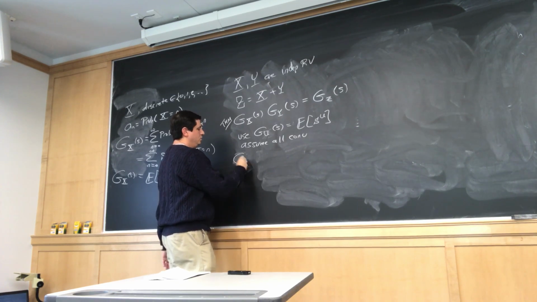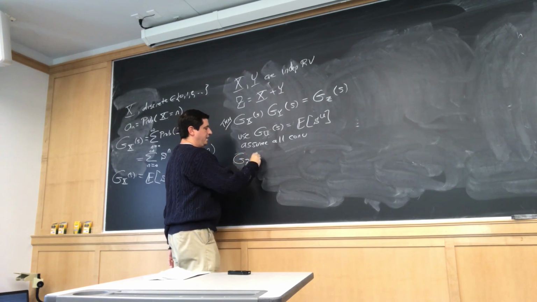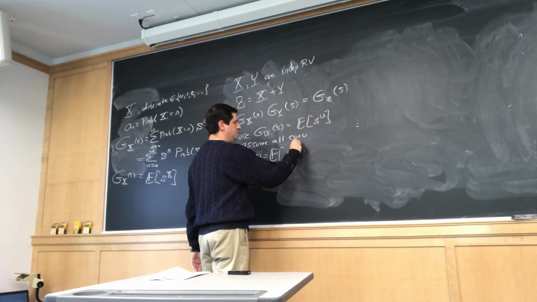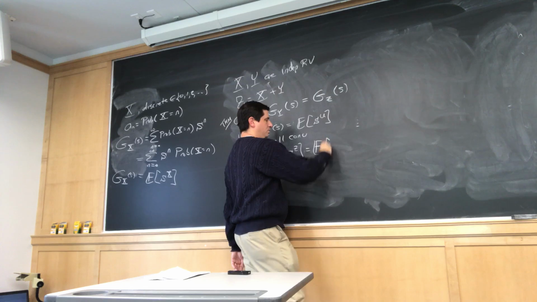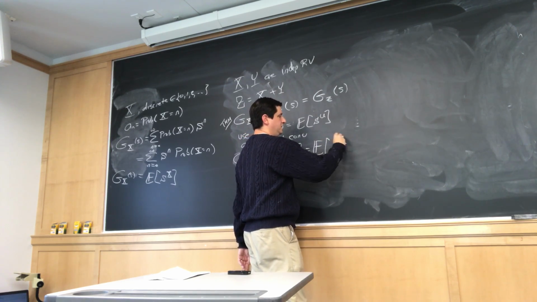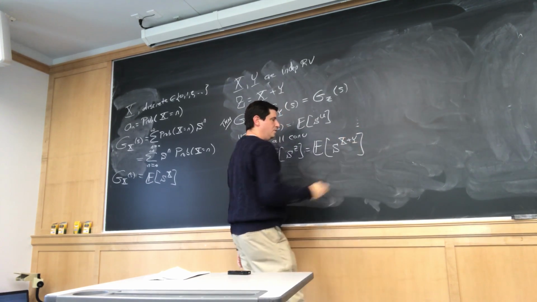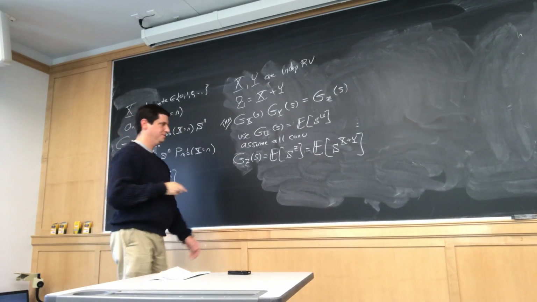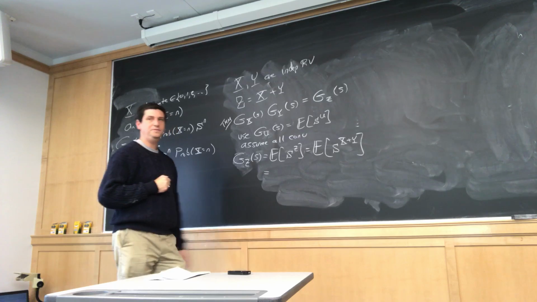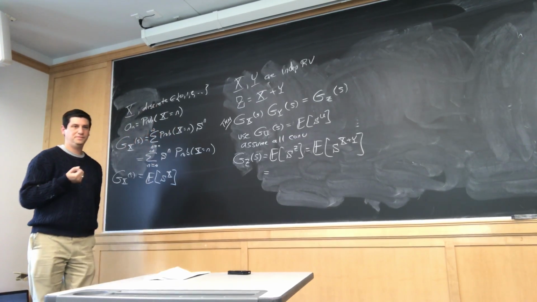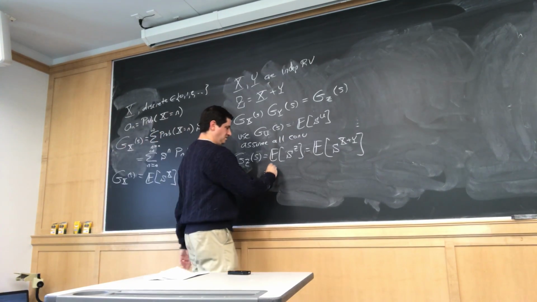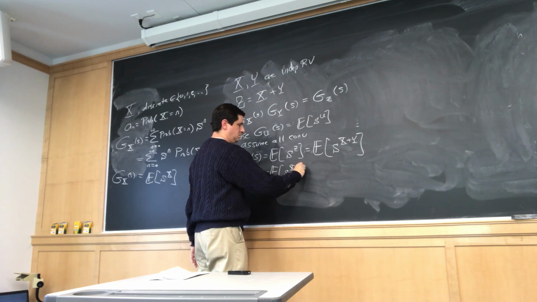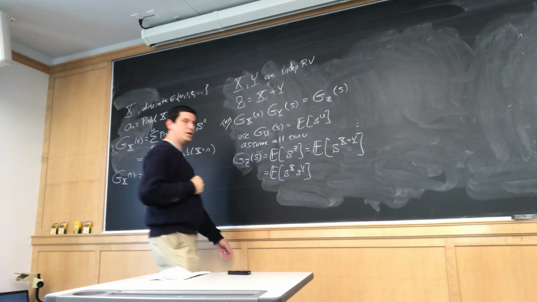We'll do G_Z of s is the expected value of s to the Z, which is the expected value of s to the X plus Y. Well, what is s to the X plus Y? It's just s to the X, s to the Y. Okay, now what can we do?